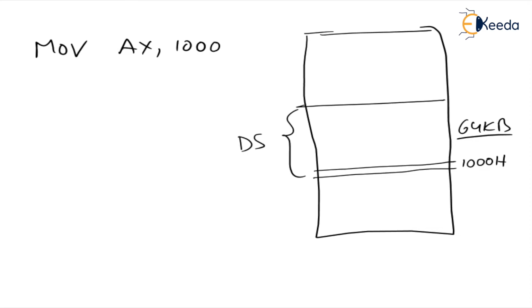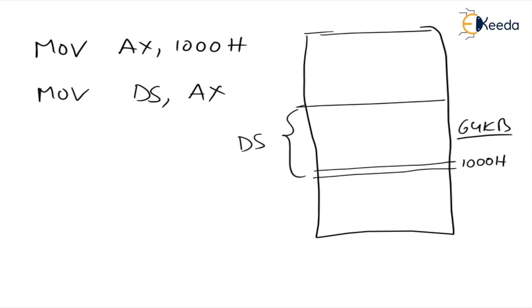Which addressing mode is this? This is immediate addressing mode. Now I want the data segment to contain 1000. How can we write it? Move ds comma ax. In this way we can transfer the data. That's what I am telling: both source and destination should not be segment registers.